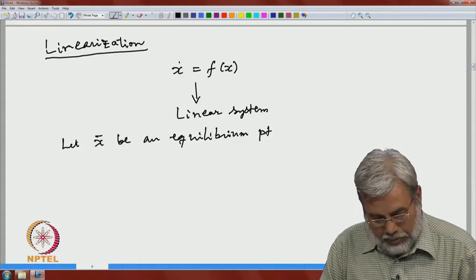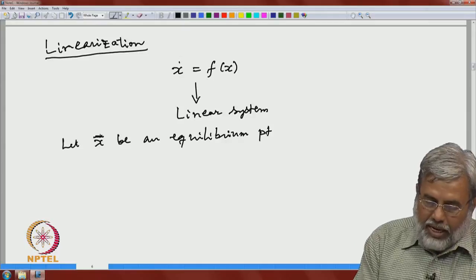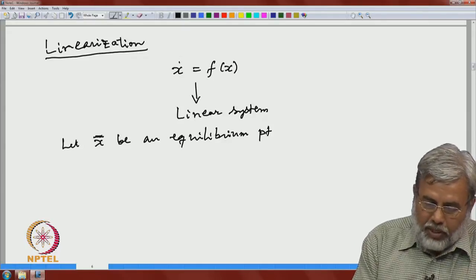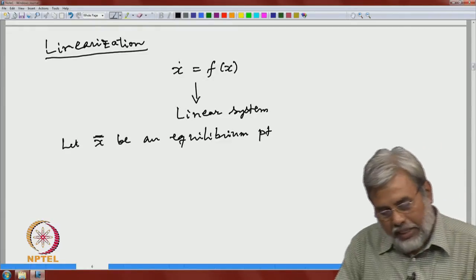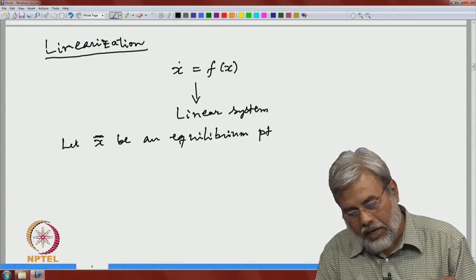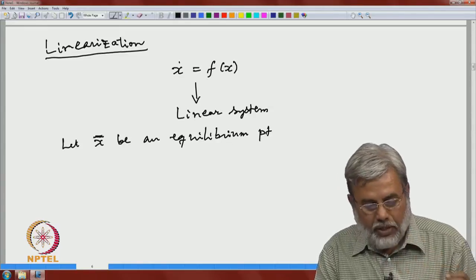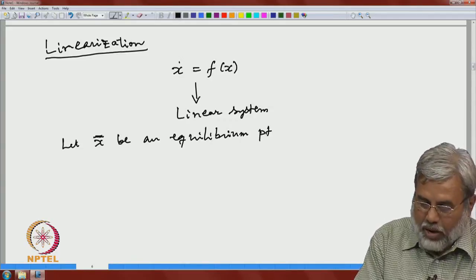So, we are in a very small neighborhood around x bar. We are interested in whether solutions which start very close to x bar stay there or leave. Everything in the analysis is centered around x bar.